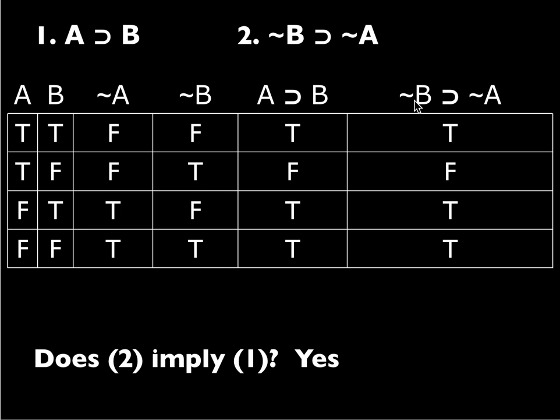And the answer is yes. Once we know they're equivalent, if we have two statements that are equivalent, then we know that 1 is going to imply 2 and 2 is going to imply 1. Why? How do you know that? Try to think that through. Again, pause this video if you want. I'll count to 3 again.